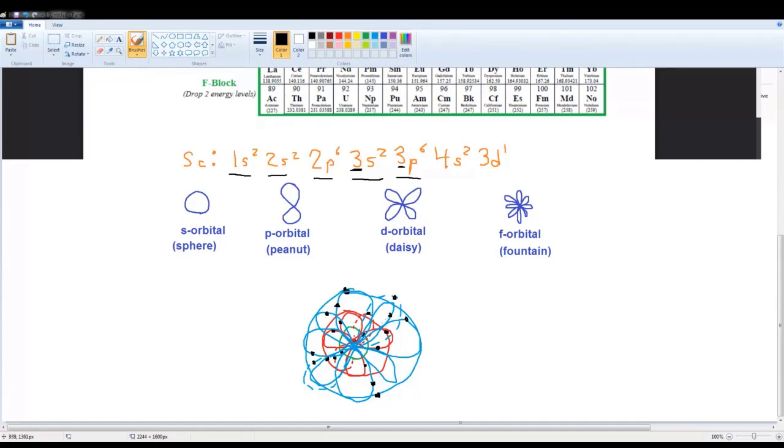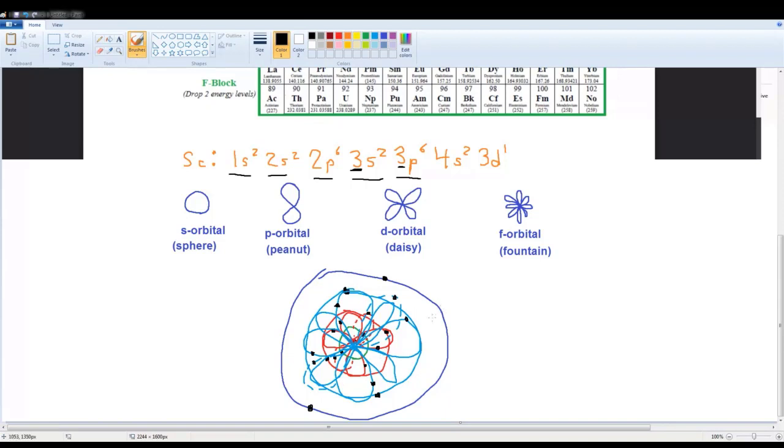So it could either fill up the 3D, or it could choose to go around. And it turns out that it's a lower energy to simply go around. So that's why the 4s will fill up before the 3d.